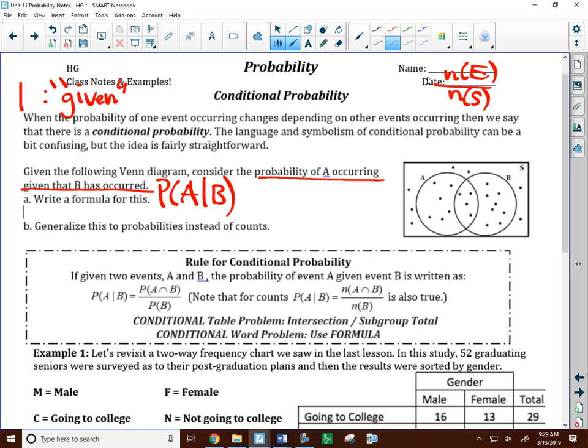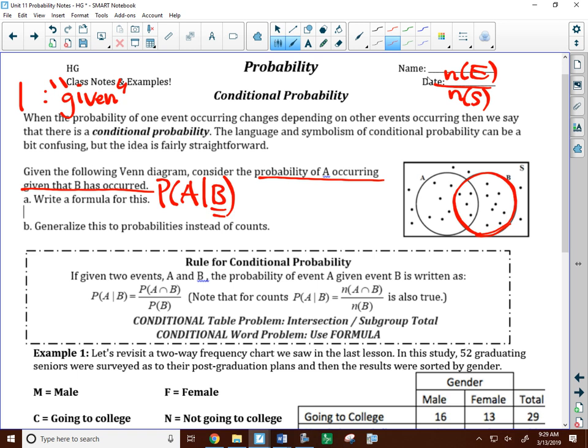So to get that, let's look at the Venn diagram. Basically, we're in B. I'm going to circle it. This is the new sample space. I mean, B is in S, but we're provided the information that we are definitely in B. So all these others outside, we're done with for this question.